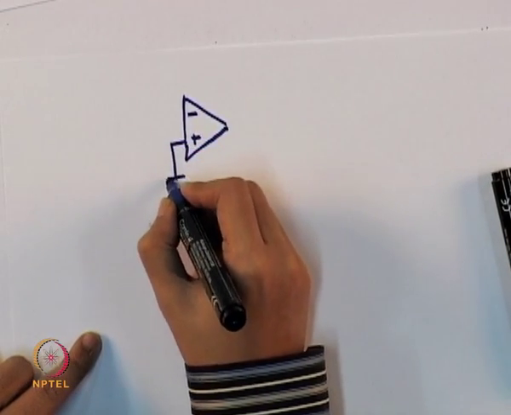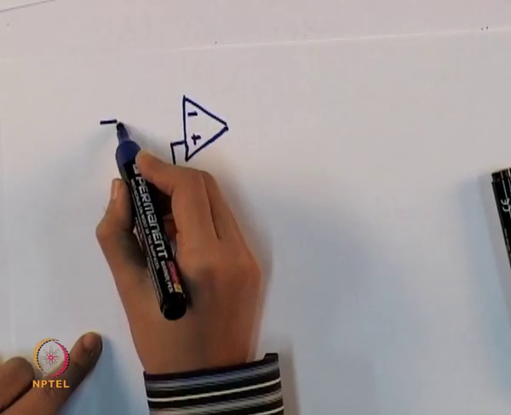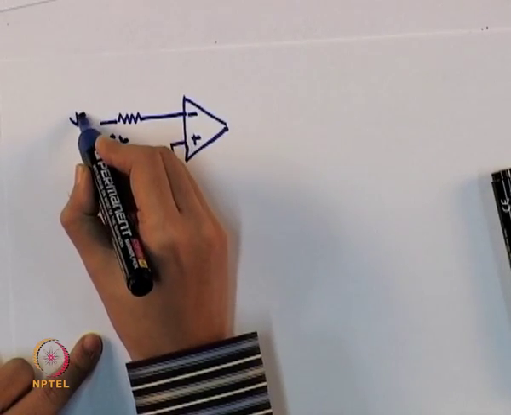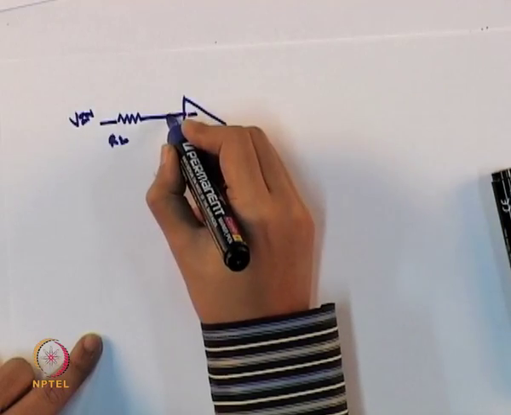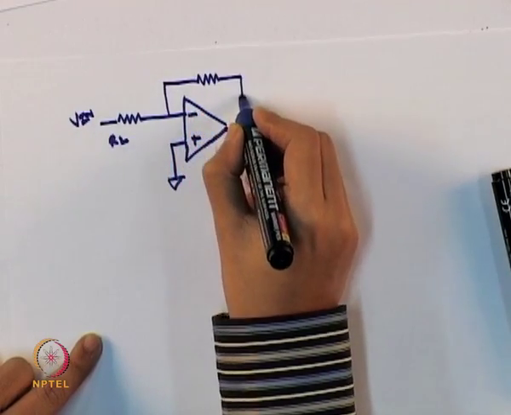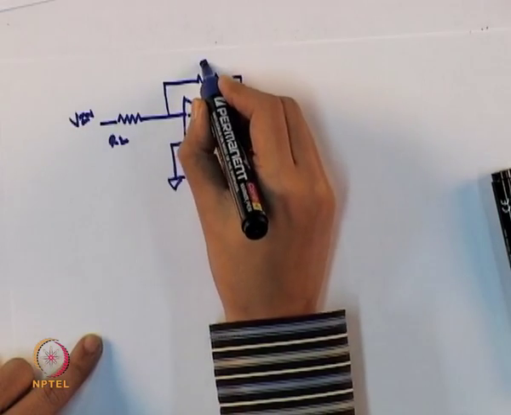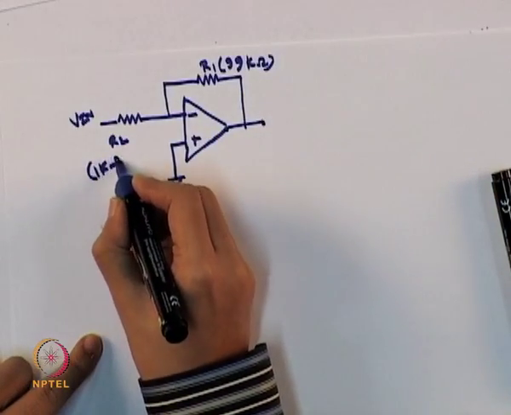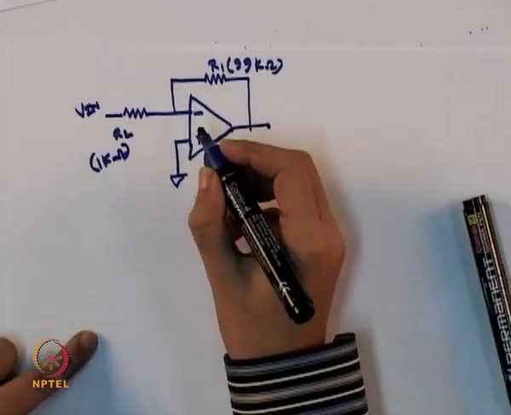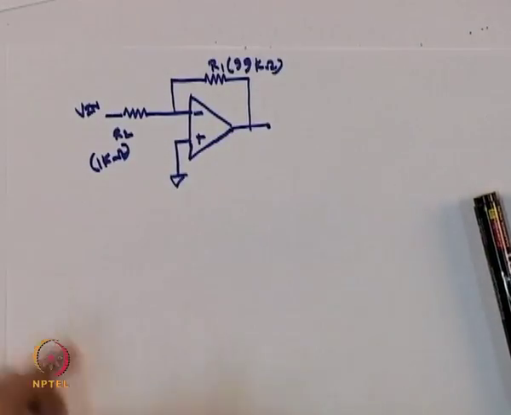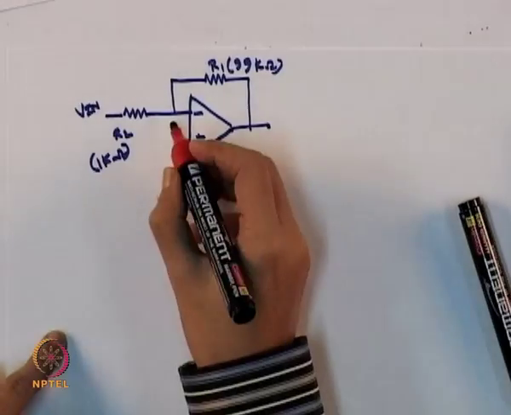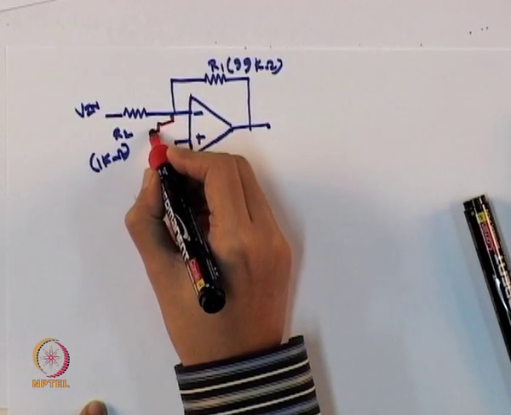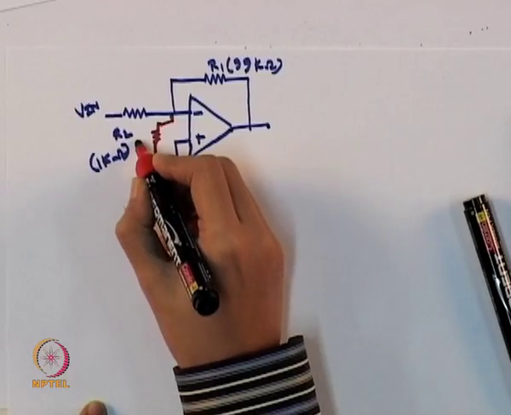So, this was our earlier given circuit. This was R2, this was Vin, this one is R1. This one was 99 kilo ohm, this one was 1 kilo ohm. Now, to improve the phase margin, the circuit has been changed a little bit, and from the inverting terminal we have connected a resistor of value R that was missing earlier.